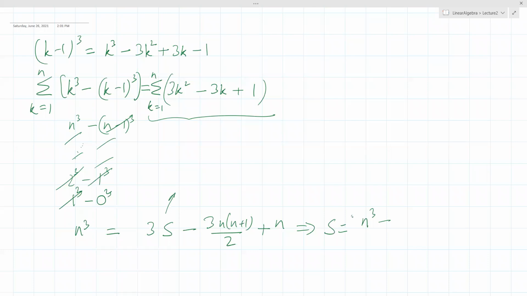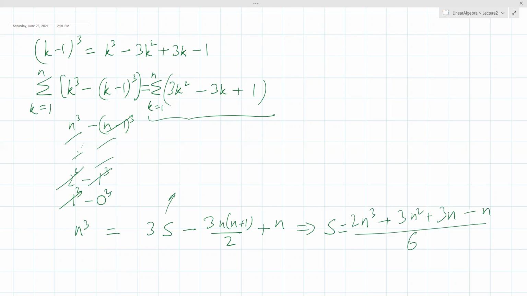Let me do it: 2n cube minus 3n squared, oh sorry, plus, it will be plus because it will go on the other side, and plus 3n, and this will become minus n. Is that okay?